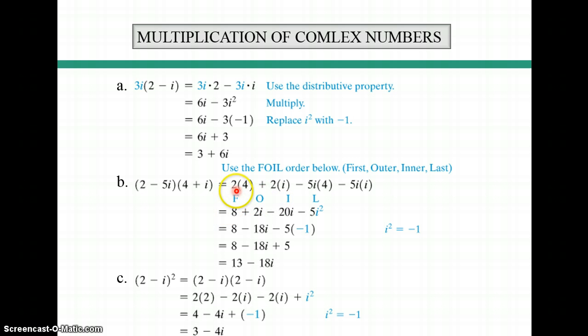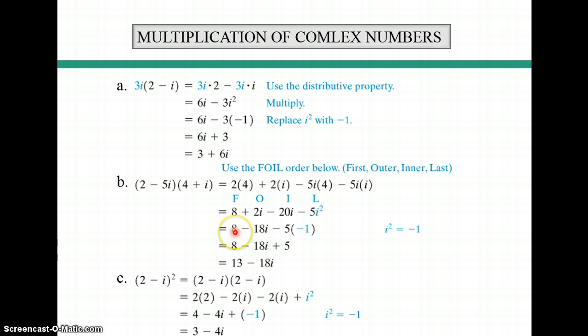So we have 2 times 4 is 8, 2 times i is 2i, 5 times 4 is 20 times i, minus 5, i times i is i squared.